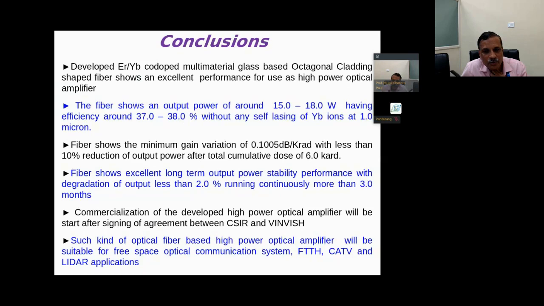And the long-term stability is less than 2% for running the module more than 3 months. We have also commercialized this kind of module with some industry, and this kind of amplifier will be used for FTTH.